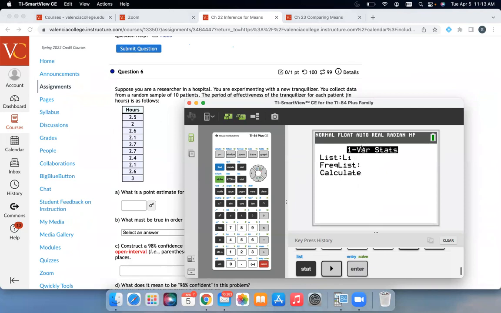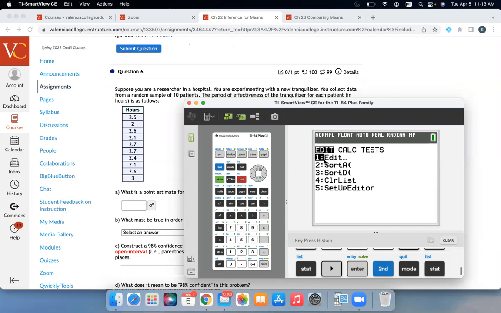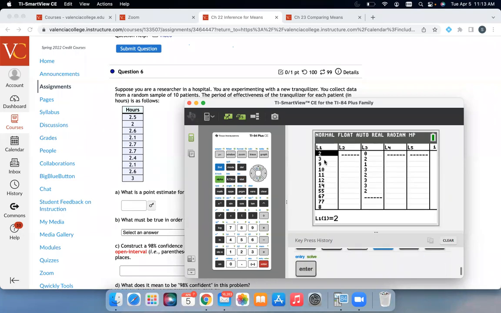Remember when we had to do this and we type all our numbers into the list and so forth. So let's type our numbers in. I'm going to go into edit. I'm going to clear L1. The easiest way to clear that is highlight L1, hit clear, and hit enter. And now I'm just going to type in all my numbers. This shouldn't take too long.